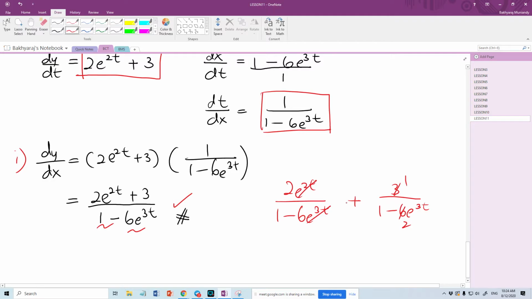Yes, Kailash. Yeah, correct. Bring it up means you want to put it like this: 2 exponent 2t plus 3 times 1 minus 6 exponent 3t to the power of negative 1. How to solve this negative 1?